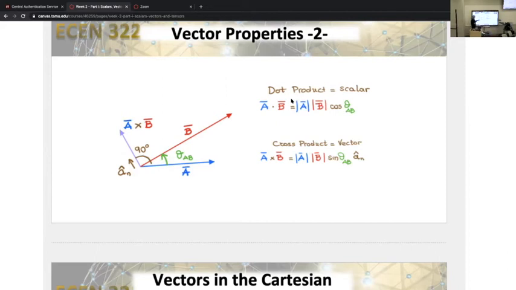How about this? What does that tell you when I have an A cross B? What happens when A and B are parallel?